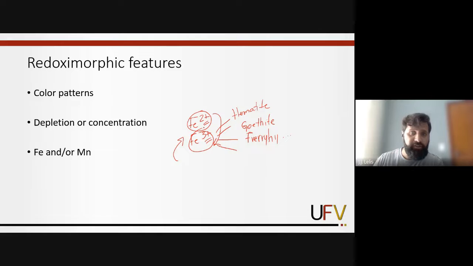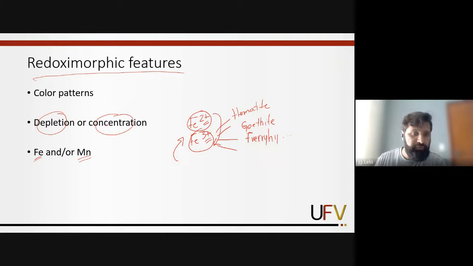So this changes the color and produces some reduximorphic features like nodules or masses or concretions. This occurs with iron and or manganese. We can have depletion, you can lose iron, or you can concentrate iron. You can lose manganese, or you can concentrate manganese.